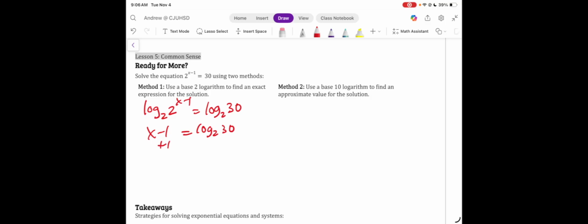And you can add 1 to that. There's your exact answer. Although, according to the book, they haven't given you a way to evaluate log base 2 of 30 yet.